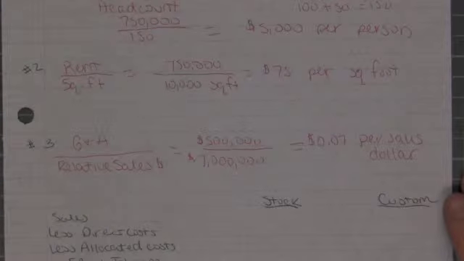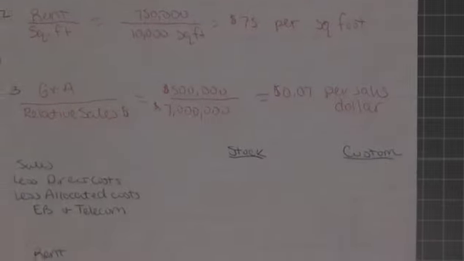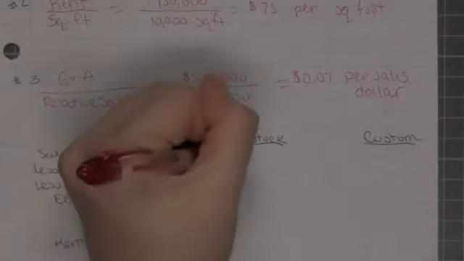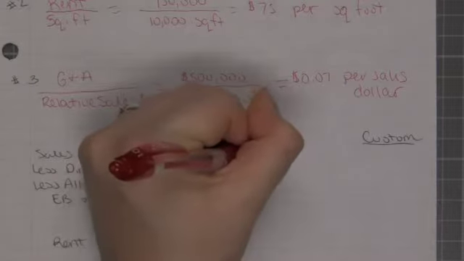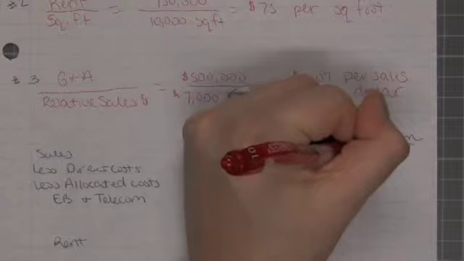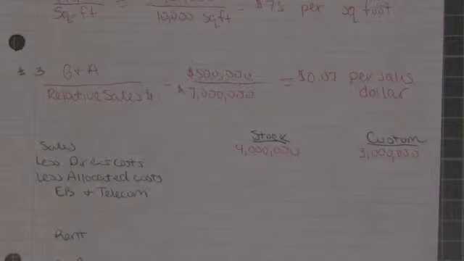The next step is to figure out how much money we are going to make for each of our areas, our stock area and our custom stuffed animals. I'll call that custom. So the first thing, easy stuff, start with the low-hanging fruit. The sales for each we are given in the book. So it's $4 million for the stock company and $3 million for the custom stuffed animals group.